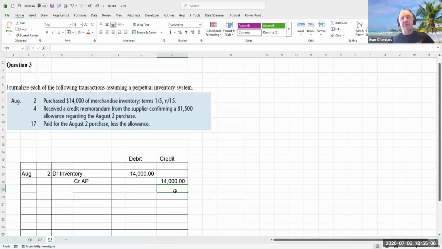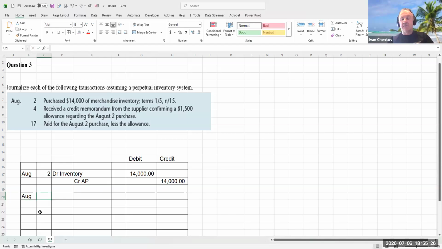So what that means? That means some of the items that we received on August 2nd were broken or we didn't like them, so we ship them back. And once we ship them back, the people issue a credit memorandum, so we don't have to pay for those items. So let's do that.